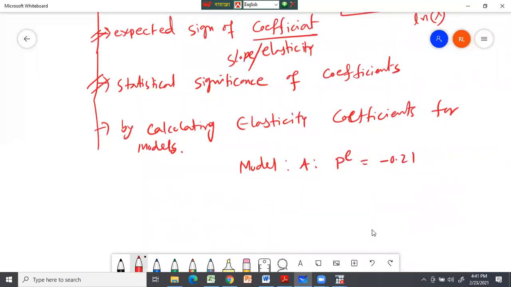One is minus 0.21 and for model B we have already given it is minus 0.2530. Between these two models, which is showing the higher amount? This is shown as minus 0.21, that is shown as minus 0.2530. Can you see?